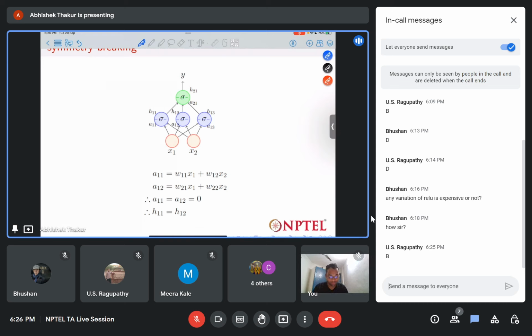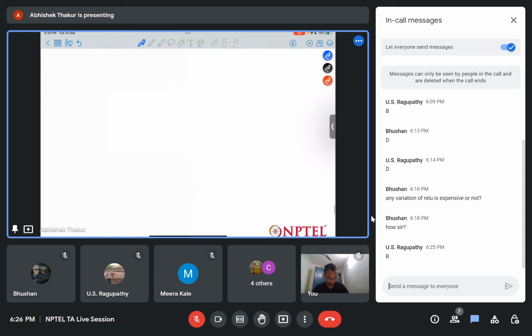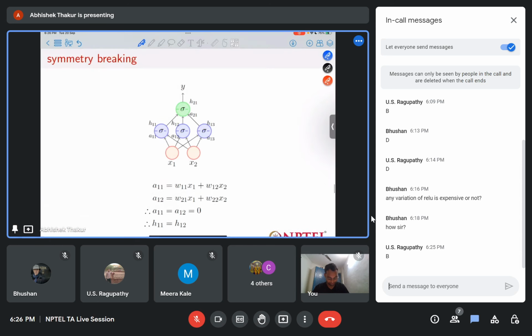Okay, so for all neurons in layer 1, here you can see A11 is equal to W11 into X1 plus W12 X2.